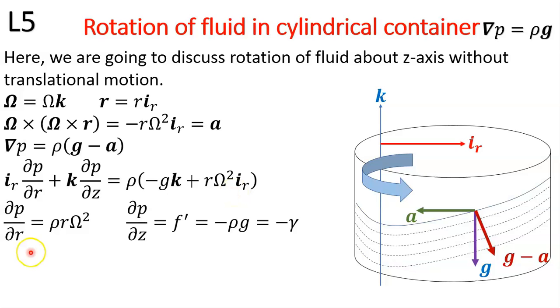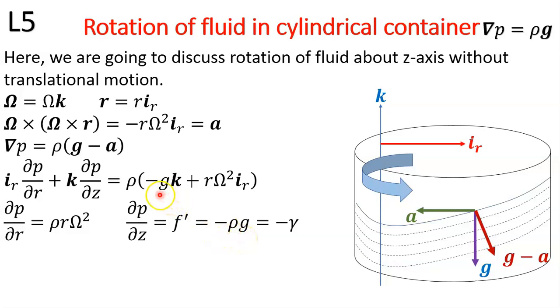So here, after comparing components associated with unit vector i_r cap on left hand and right hand side, we can write the equation del P by del r is equal to rho r omega square, and del P by del z is equal to minus rho g.